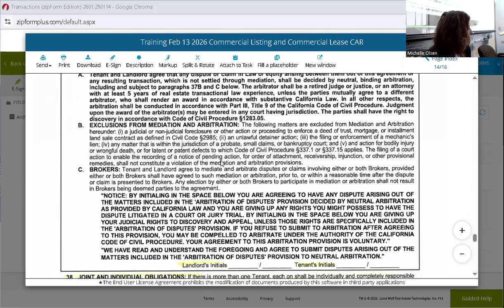Now, mediation is okay because it's non-binding, and it's a mutual agreement between the lessor and the lessee. You can go through mediation, no problem. But arbitration, you have to be careful. If you check the arbitration, that means you are obligated to go through the arbitration, and arbitration is legally binding and final.